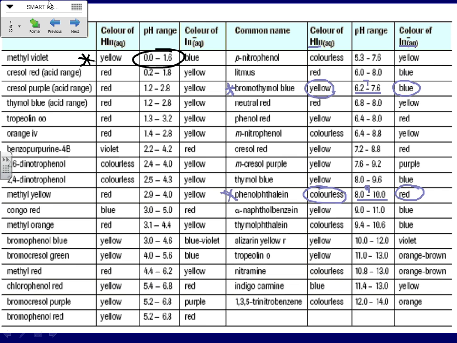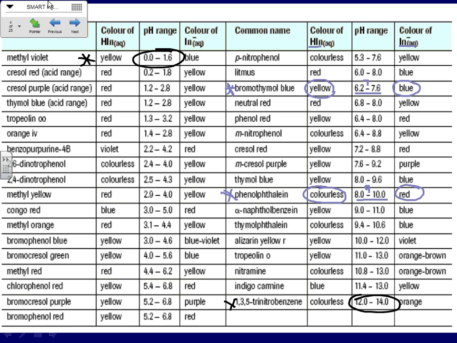And if we take a look here at the top end, 1,3,5-trinitrobenzene right there, it changes color between 12 and 14. You may have used something called the universal indicator that changes color all the way through from acidic to basic, and that would simply be a mixture of indicators that then results in color changes all the way along as pH is changing. All right?